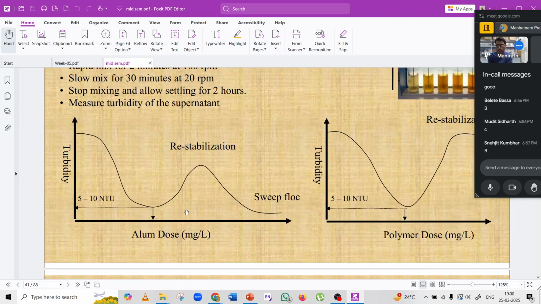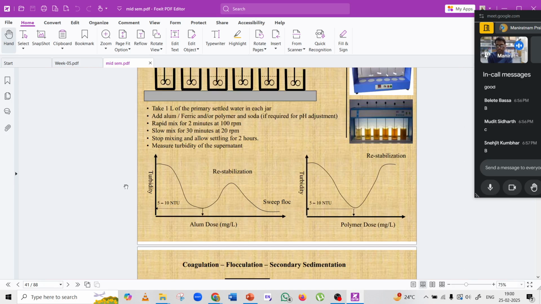As soon as the alum dosage was increased, particles started to destabilize, meaning they started to form larger particles, so the turbidity decreases.